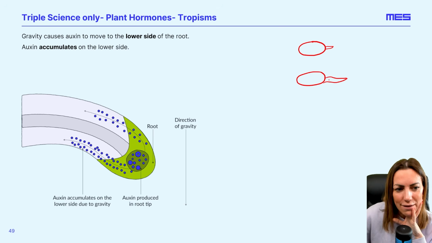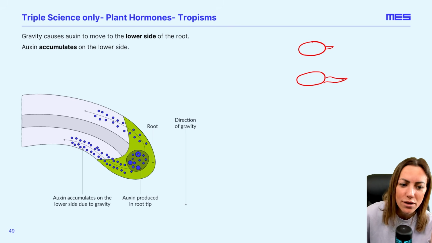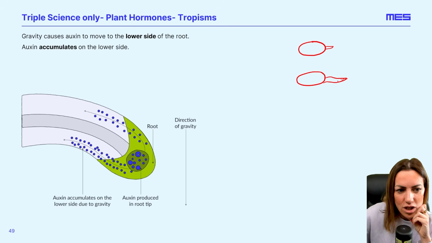Because of the force of gravity, auxin will accumulate on the lower side of the root. So again, auxin is produced in the tip of the root, just like it's produced in the tip of the shoot. Auxin will start to diffuse down the root from a higher concentration to a lower concentration. But because of the force of gravity, auxin will accumulate on the lower side of the root.